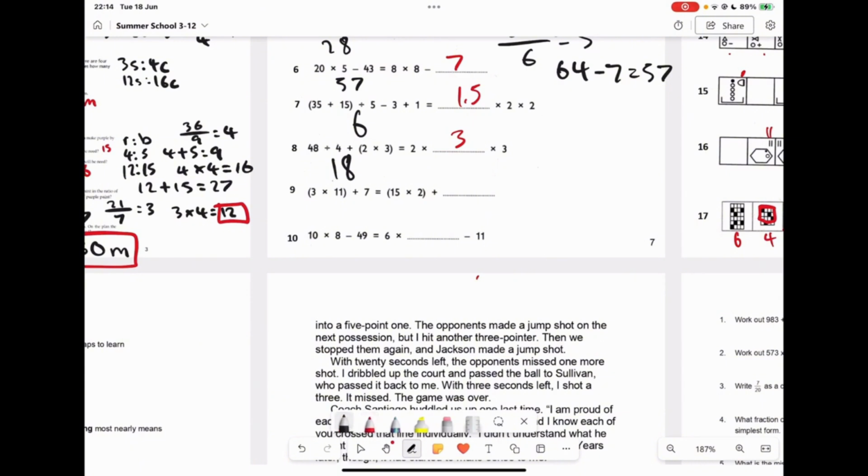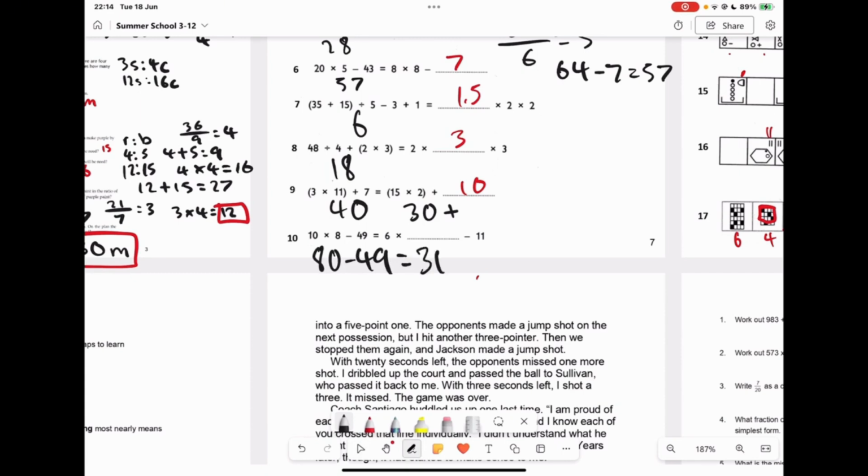Okay. 3 times 11 is 33, plus 7 is 40. So then 15 times 2 is 30, plus something, which will be 10. Then we do multiplication before subtraction. So 10 times 8 is 80, minus 49. So 80 minus 49 is then equal to 31.